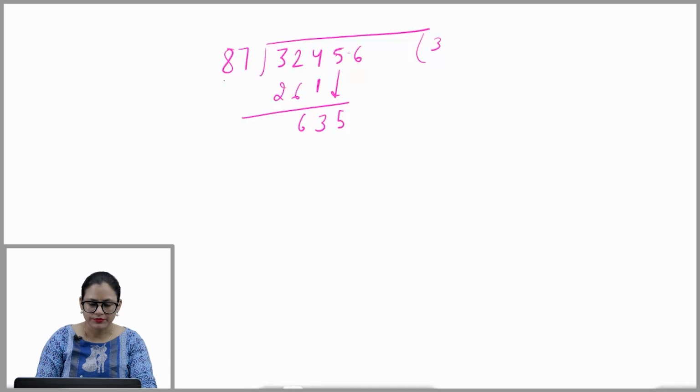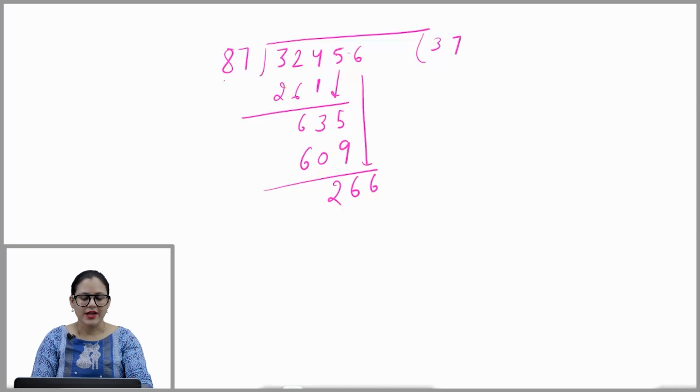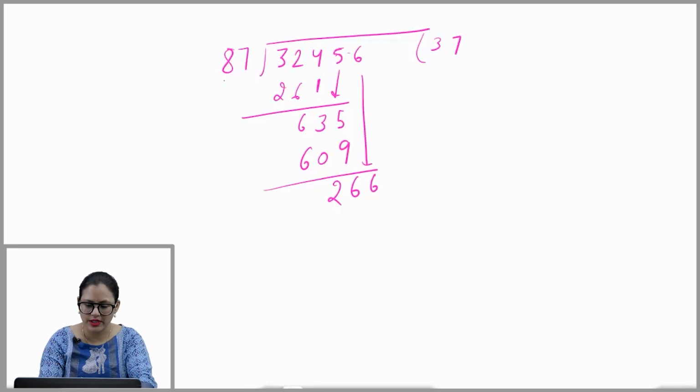Okay, now 7 7s are 49, 4 carry and 7 8s are 56, plus 4 60. Let's subtract 6 26 and we'll bring down 6 here, right? Now 87 3s are 261, so 5 is your remainder and this is your quotient.